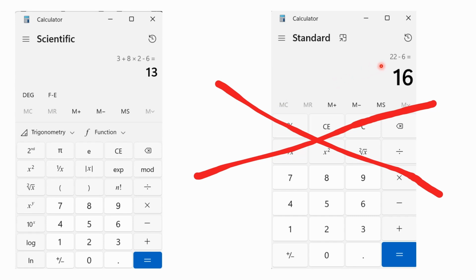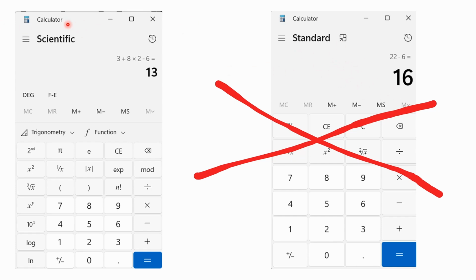It's assuming that you want to add 3 plus 8, and then it's assuming that you want to multiply 11 by 2, and then it's assuming you want to subtract 6 from 22. Even though you're entering it 3 plus 8 times 2 minus 6 equals, this type of calculator is not able to handle that entire expression.